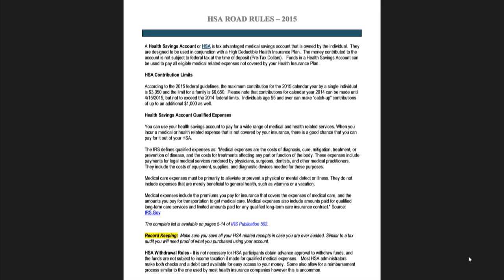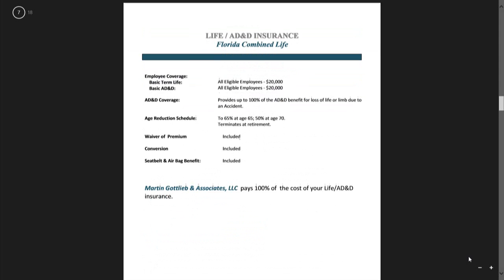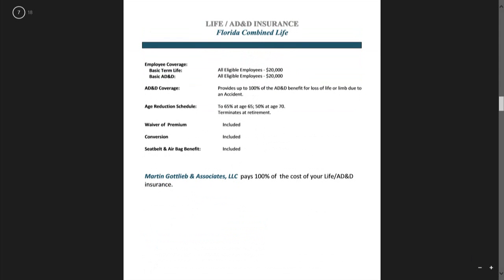Moving on to page 5 is the life and AD&D insurance offered by Florida Combined Life. Gottlieb and Associates provides all eligible employees and pays 100% of the premiums for a $20,000 life and AD&D policy on each person.